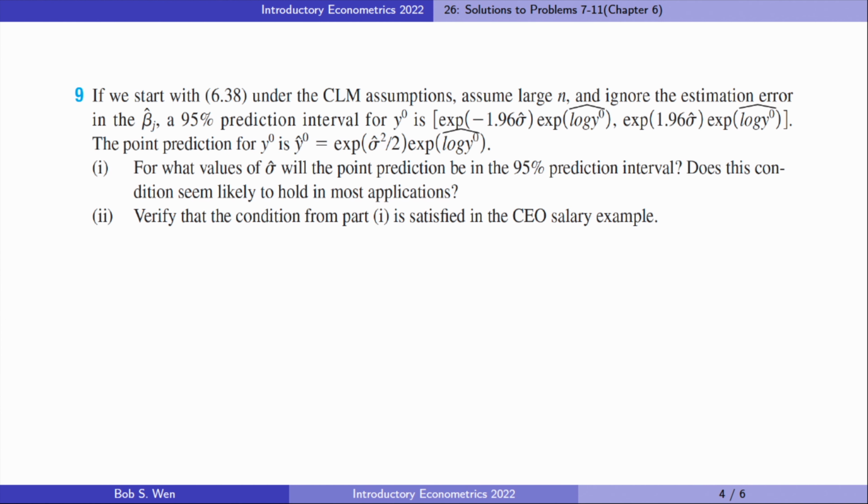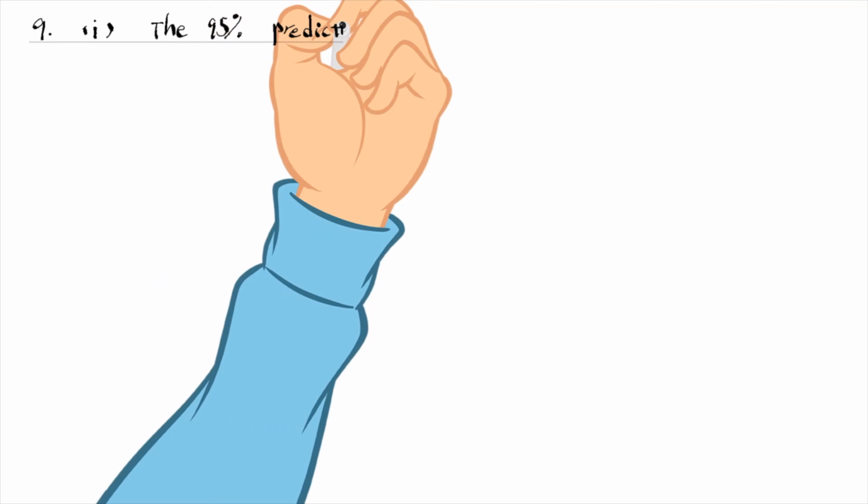Let's do the 9th problem. The calculation shows that the point prediction is always above the lower bound.